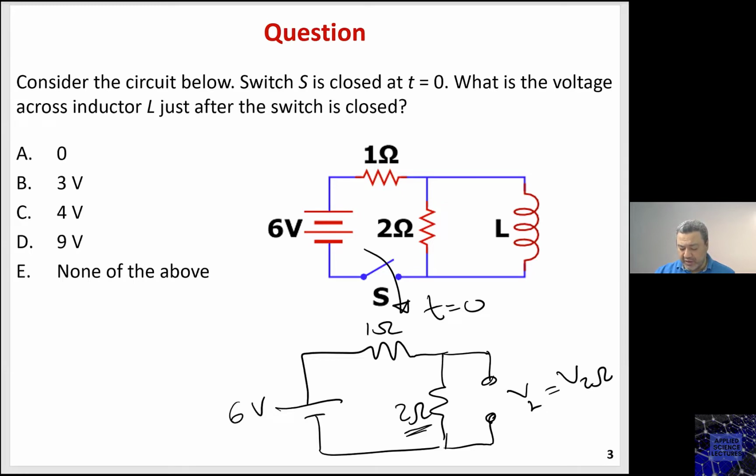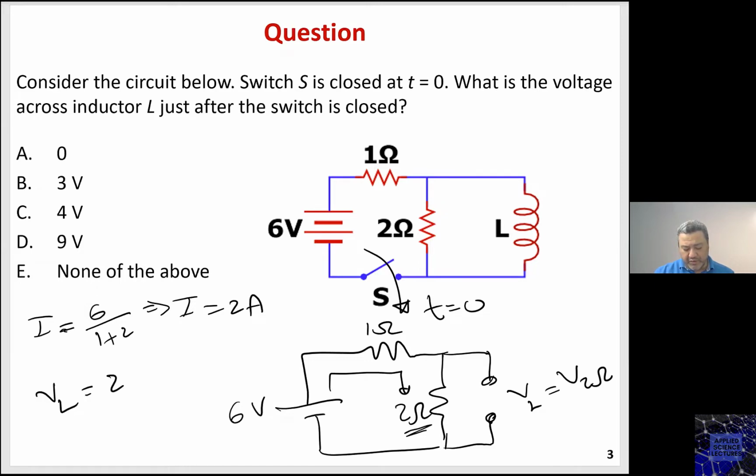First of all, I need to calculate the current. The current equals 6 divided by the two resistors in series, 1 plus 2. So I is 2 ampere. Then VL is the same as the voltage across the 2 ohm. So VL is 2 ampere times 2 ohms, and VL is 4 volts. So the answer is C.